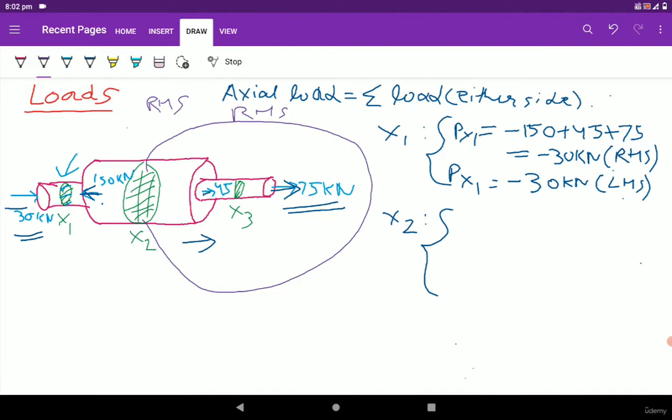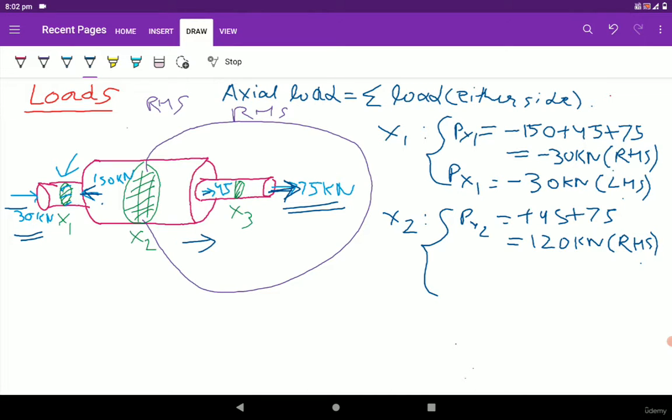So you can see that the right hand side part of the x2 cross section is subjected to the tensile loading of 45 kilonewton, so it will be plus 45, and it's also subjected to plus 75, that is the load is away from the cross section, so we are going to write plus 75. So after summing up, we are going to get 120 kilonewton, which is obtained from considering the right hand side cross section.